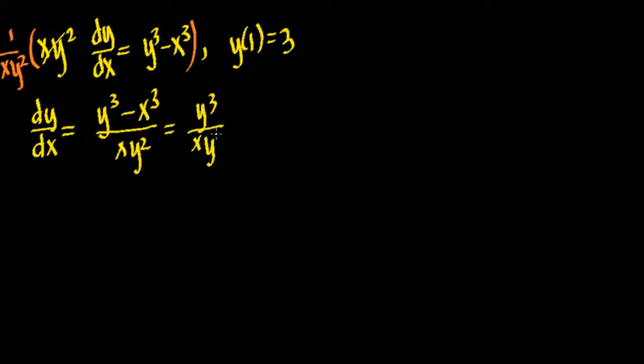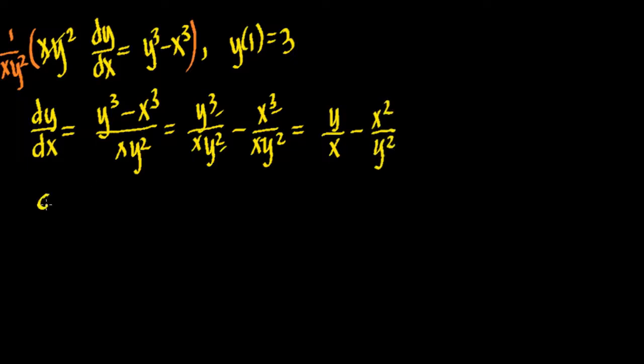Now, this is y cubed over x y squared minus x cubed over x y squared. y cubed over y squared is just y, so we have y over x here, minus x cubed over x, which is just x squared, so we have x squared over y squared here.